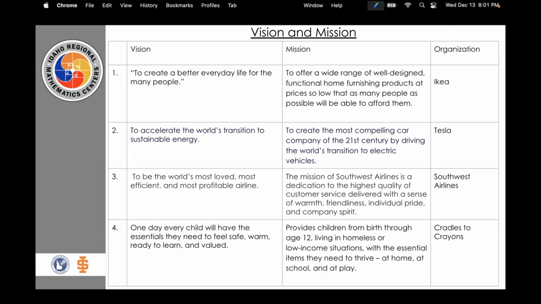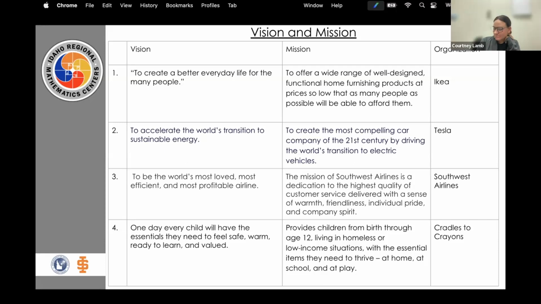I think it's interesting though, because some of them are very much beyond what the organization will actually do, right? Like the last one particularly, what they're going to do about it is awesome, and their vision is awesome, but that mission is not going to make that vision happen.